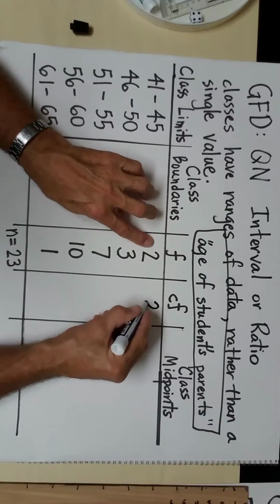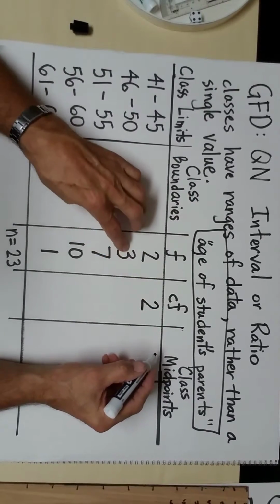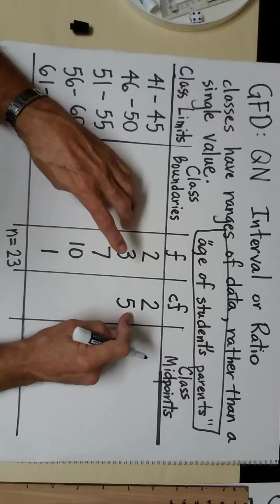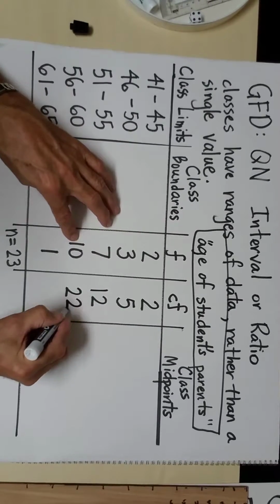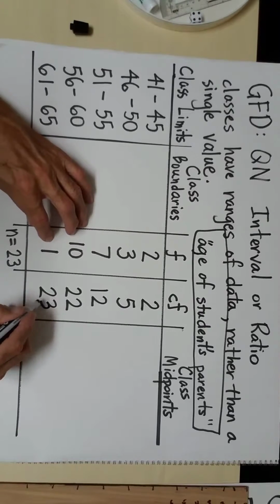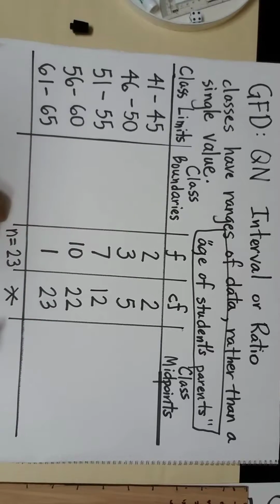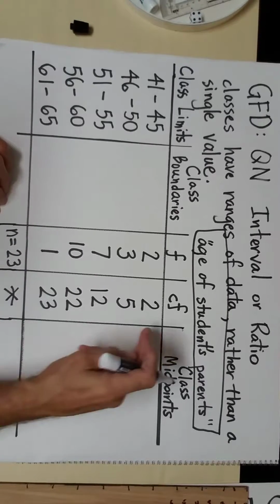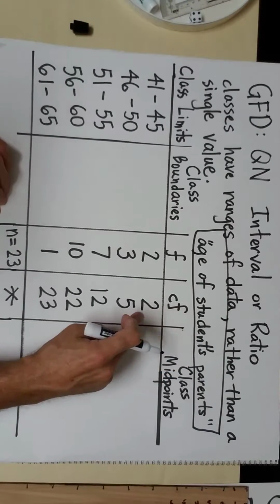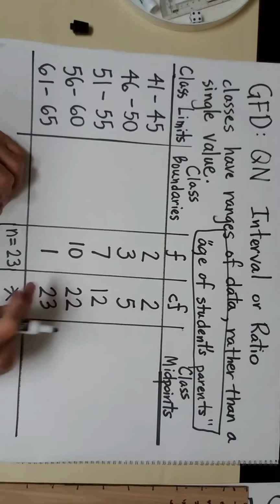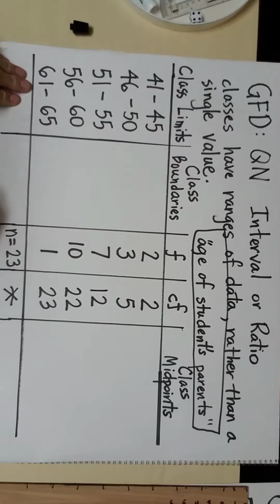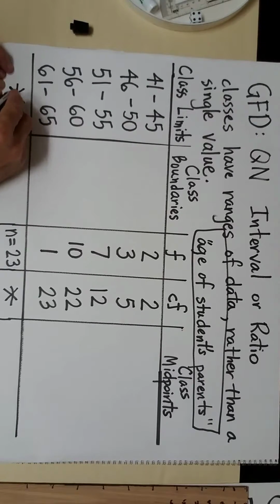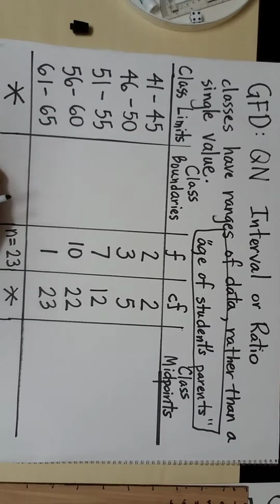So the first value is 2, then 2 plus 3 would be 5, 5 plus 7 is 12, 12 and 10 is 22, 22 and 1 is 23. I'm putting the star here to represent that we do not total up those values. These are already being added as we go along, so we don't add them again. In our first column for class limits, we do not add these values either.